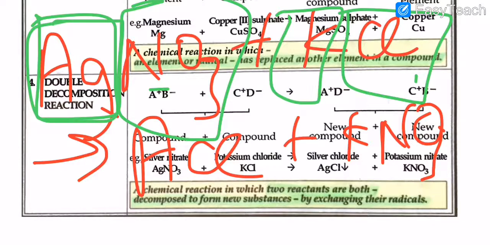Then a chemical reaction in which an element or radical has replaced another element in a compound is called displacement reaction. And then a chemical reaction in which 2 reactants are both decomposed to form new substances by exchanging their radicals is called double decomposition reaction.